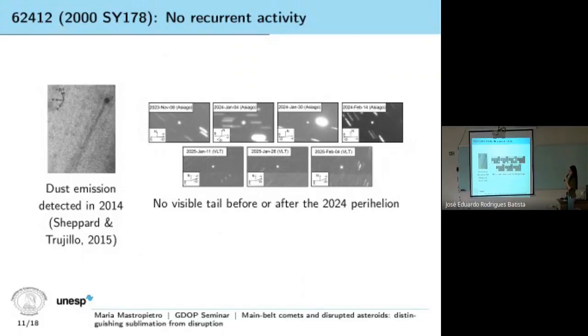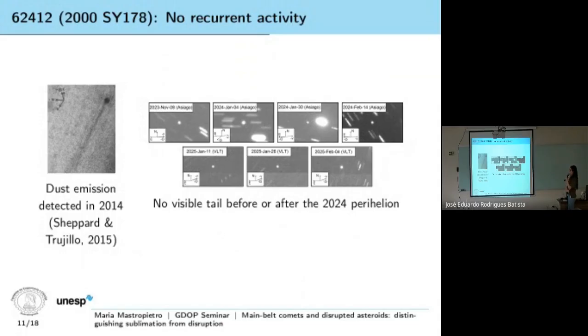For 62412, this is the dust emission in 2014 from the literature. It appeared after perihelion in 2013, so the hypothesis is that sublimation could be the triggering activity.